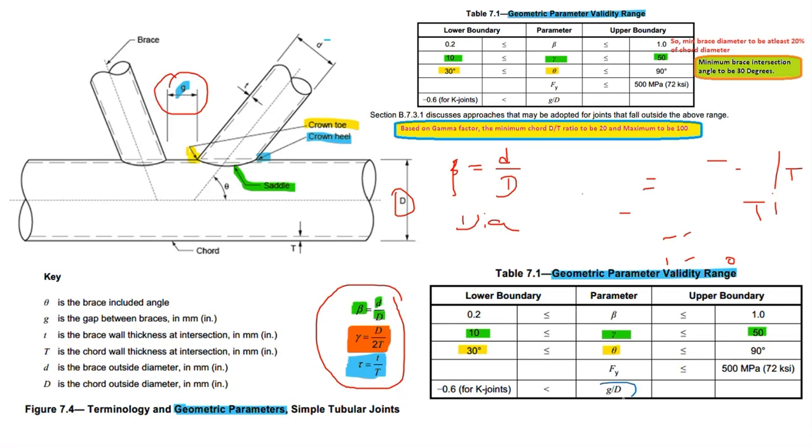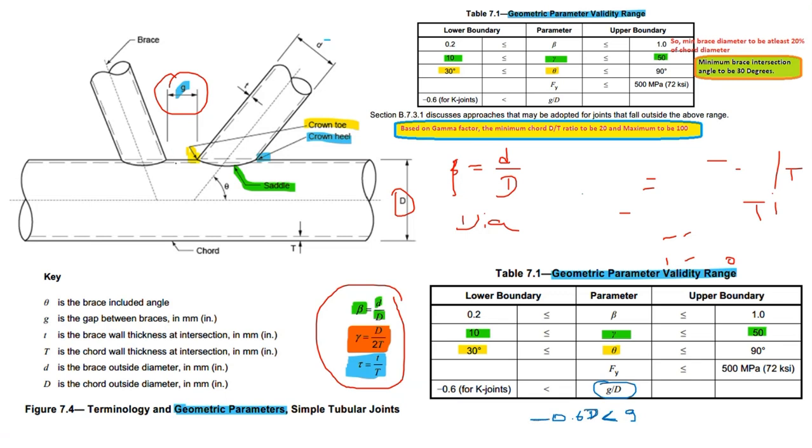Here you see, G by D less than or equal to 0.6. So that means minus 0.6 less than G by D. Suppose if I take the D this side, the gap should be more than minus 0.6 times the diameter.